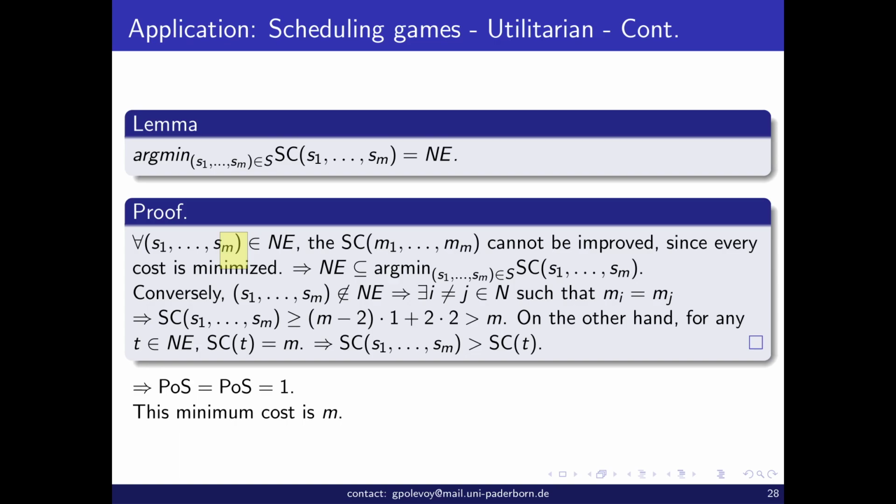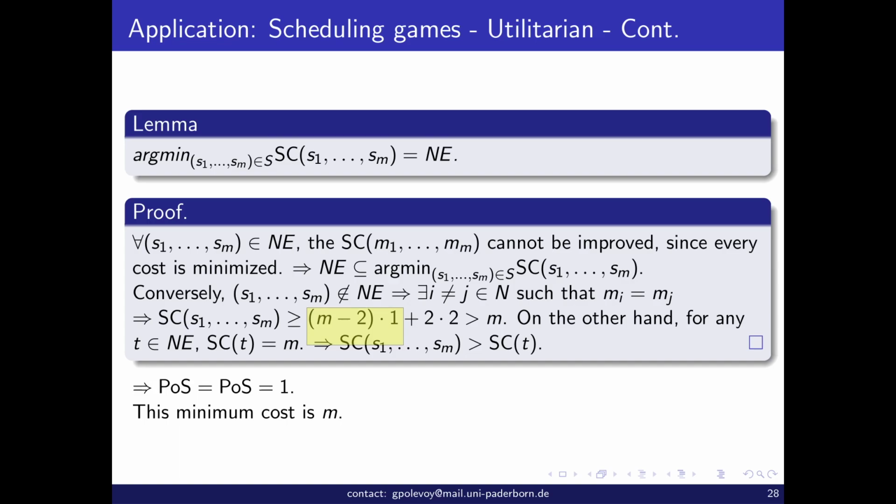Conversely, if something is not a Nash equilibrium, it means that there are some different players i and j such that they choose the same machine. And then the social cost of this profile is at least, so the machines which are not i and j, there are m minus 1 of them, incur cost of at least 1, because any job is at least with itself at the machine.